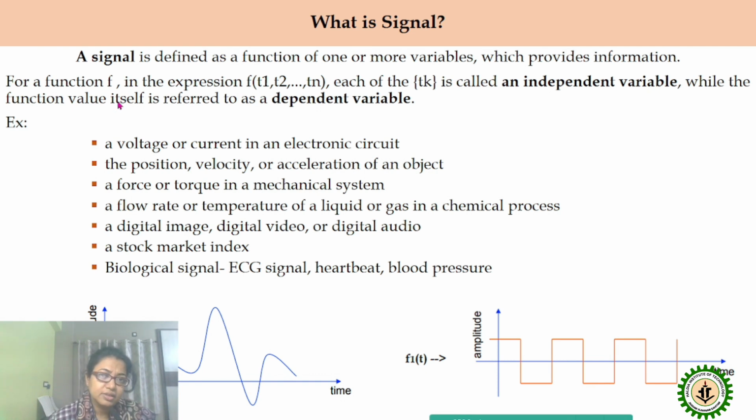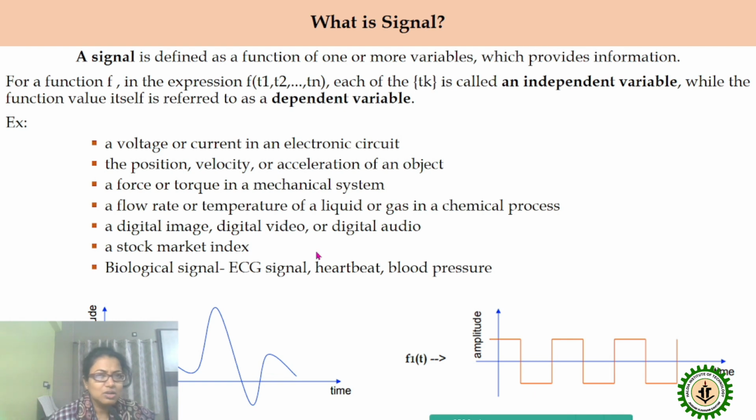In other cases, like position, velocity, acceleration of any object like a car, you can measure them and represent them in the form of a signal. Also force, torque, flow rate, temperature, as I just said, liquid or gas pressure in a chemical process, or their level, are also very important.